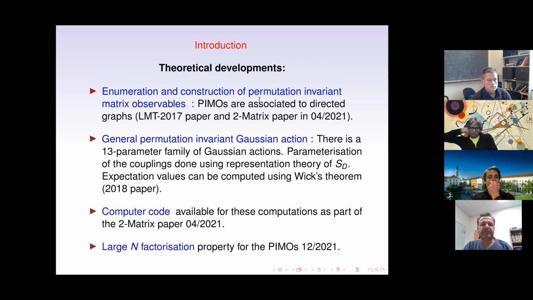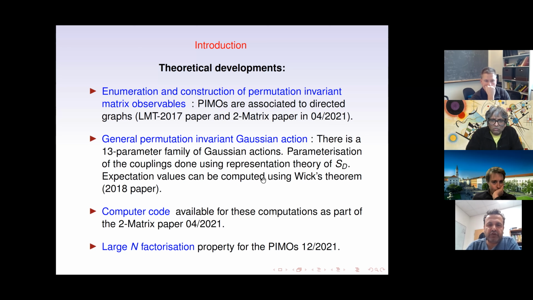Some of the theoretical developments we have made in this sequence of papers: we have looked at enumeration and construction of permutation invariant matrix observables. We have looked at the general permutation invariant Gaussian action, and there is some computer code for calculating expectation values of polynomial functions when you insert them in your path integral.